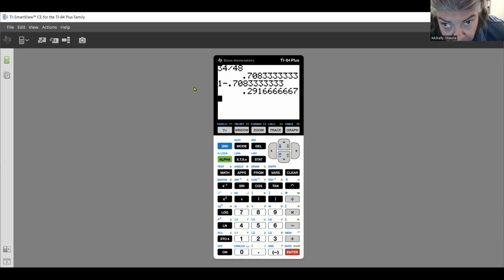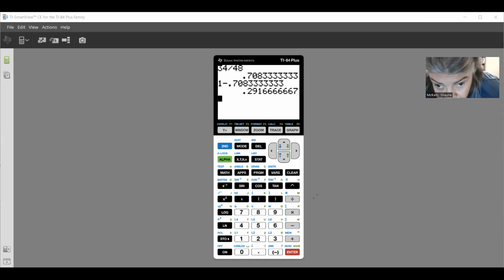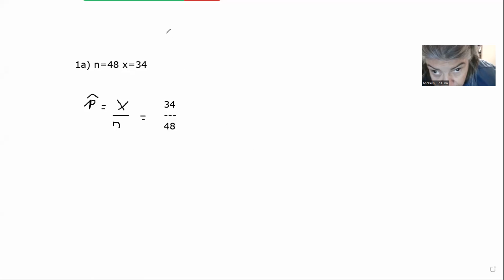So here, this is equal to 0.7083, which we can round to 70.83%.